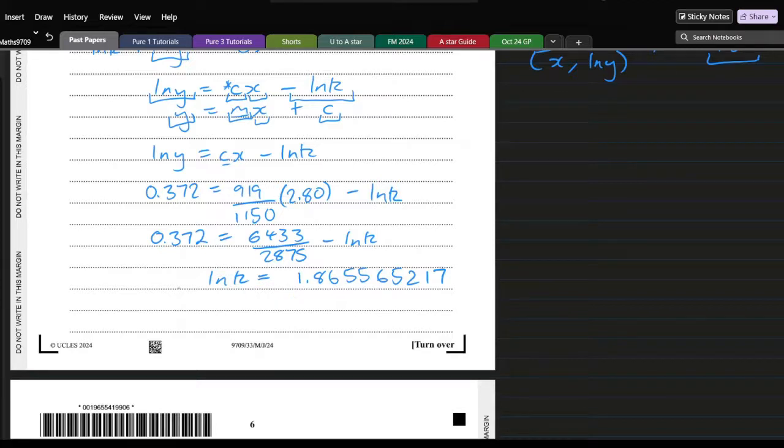Now to evaluate k, we need to get rid of this ln, and to get rid of ln we can use its inverse function, which is the exponential function. So apply the exponential function to both sides. That becomes k is equal to e to the 1.865565217. Let's punch that into the calculator, or I can round this off to the accuracy.